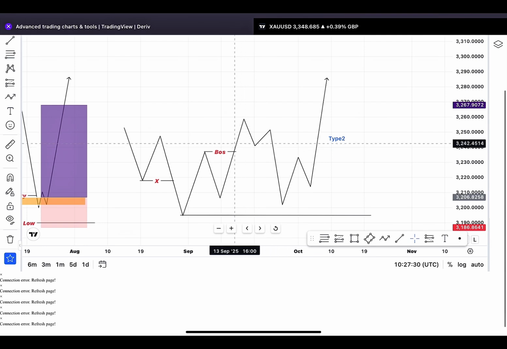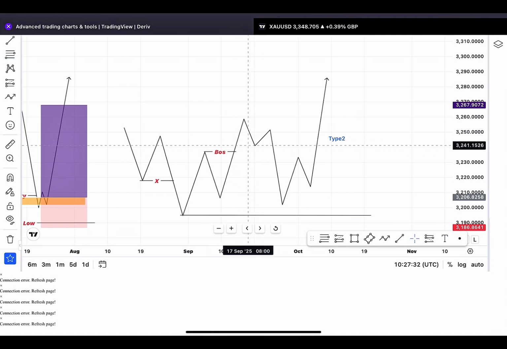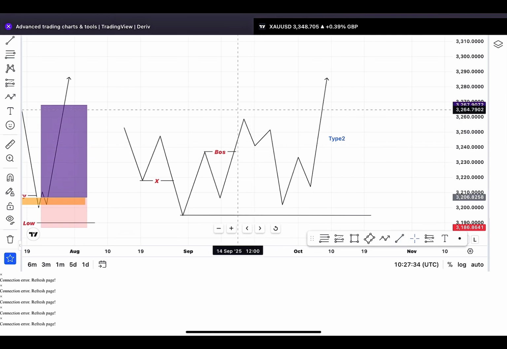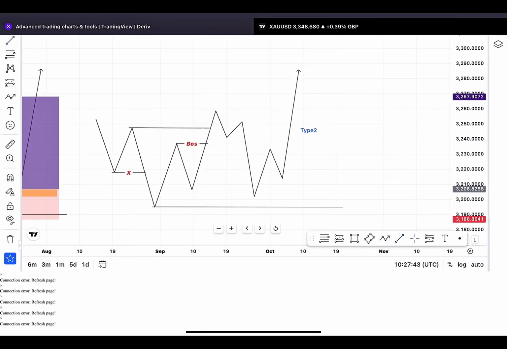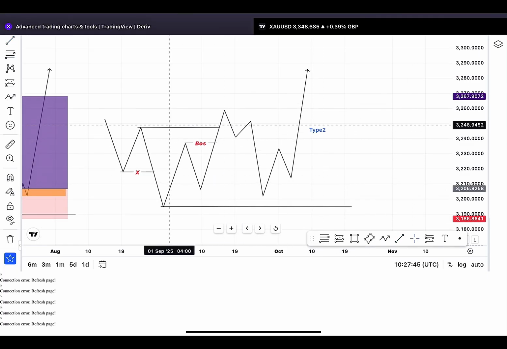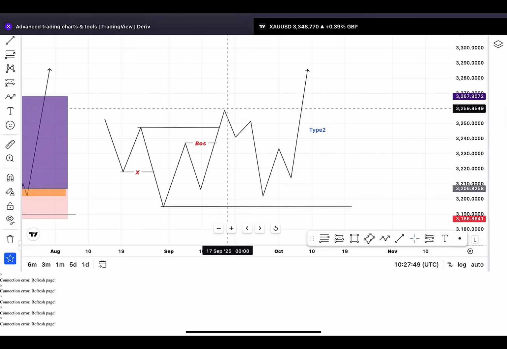The market didn't pull back. Instead, the market still went up even further to take this higher time frame high as the swing high to the upside. So the market broke past this swing high, and the market now started declining.